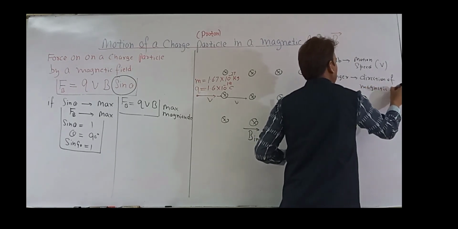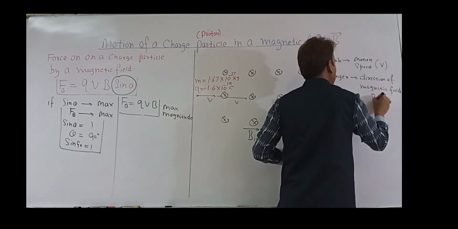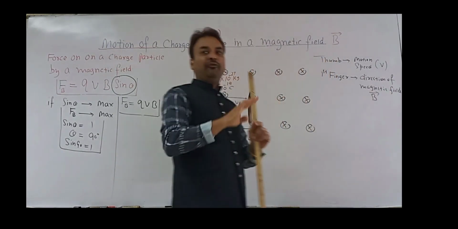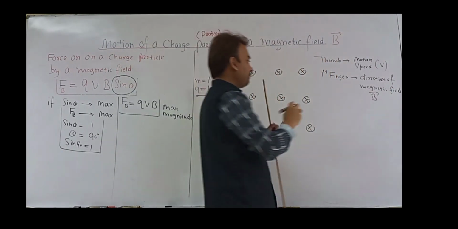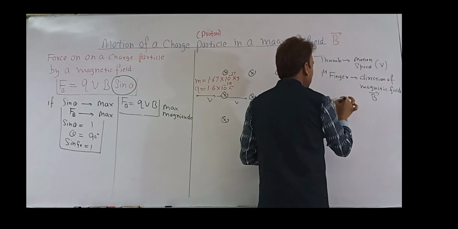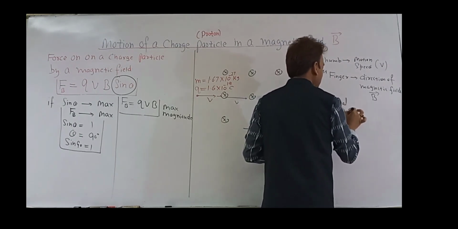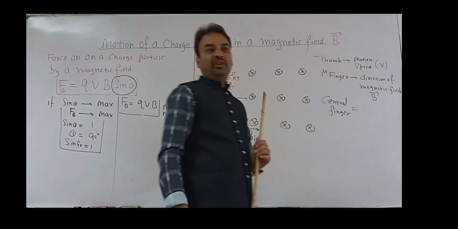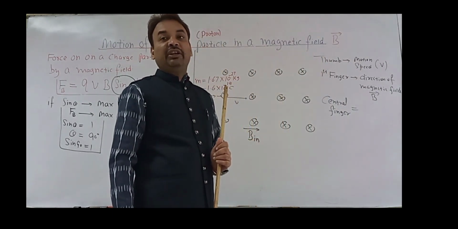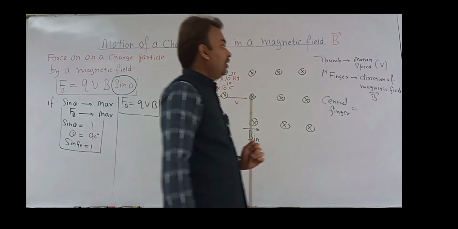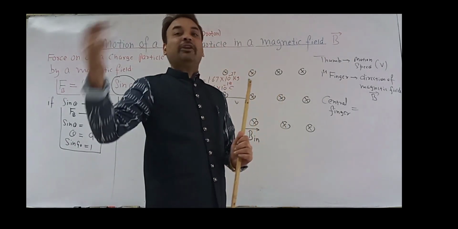Magnetic field means B. And the central finger will give the direction of force, right?